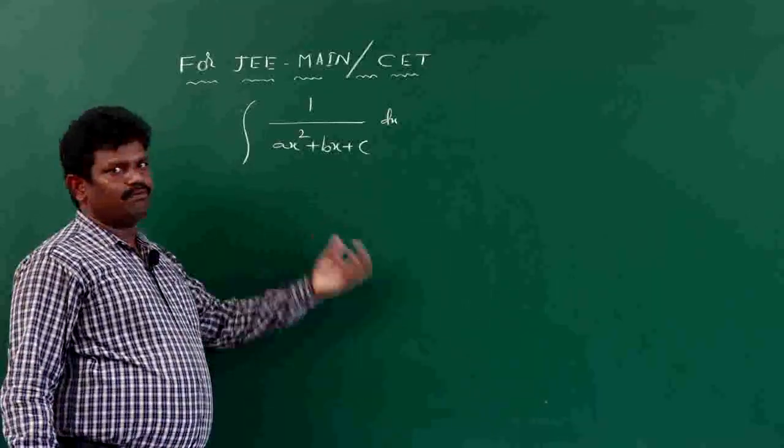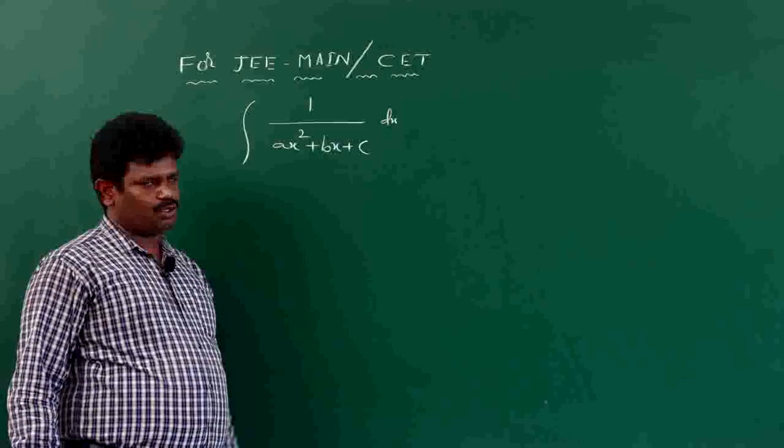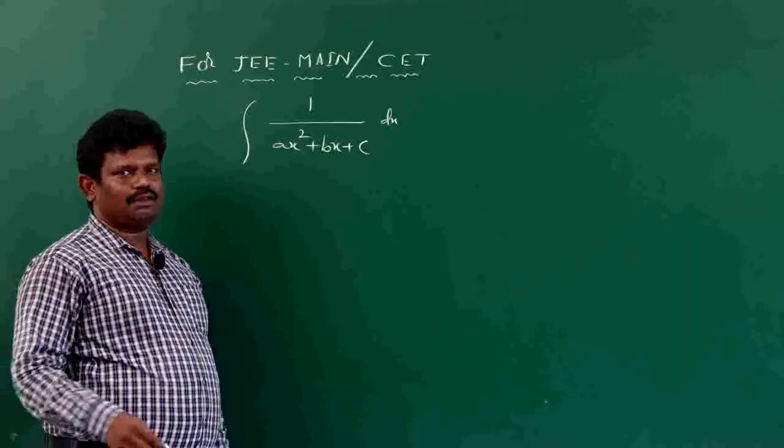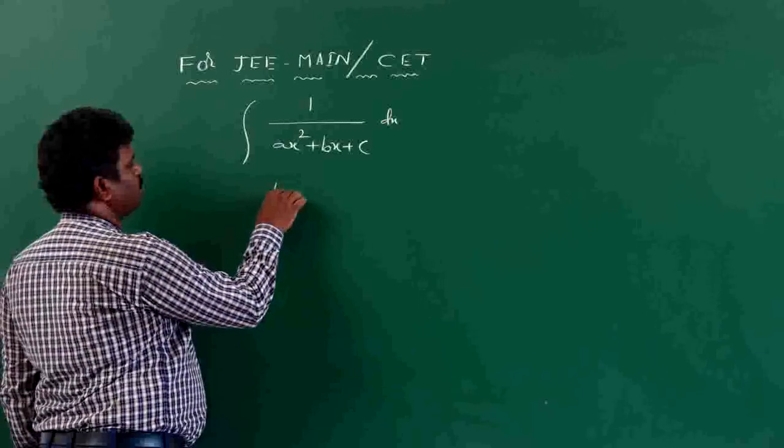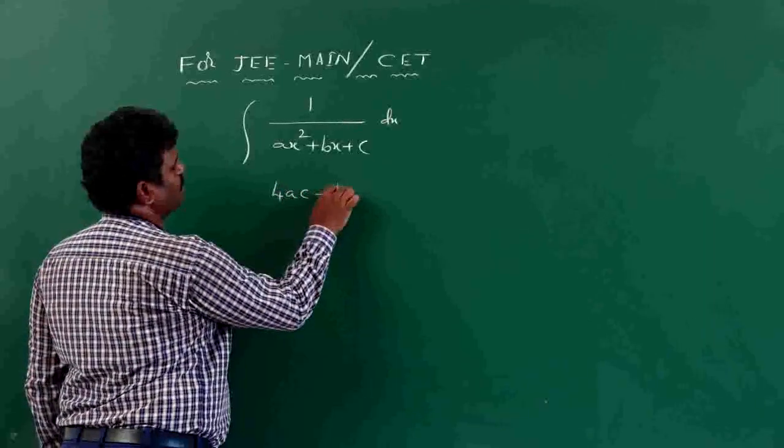Already we learned the method: if we convert it into a perfect square and apply the integral. Otherwise, a simple method: first we verify the value of 4ac minus b square.